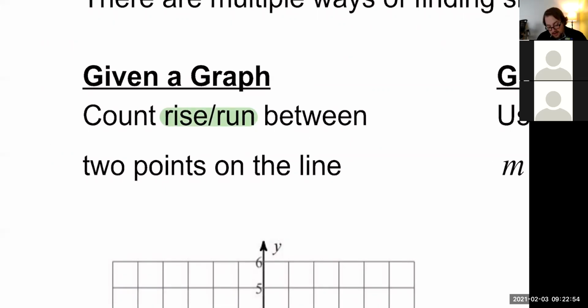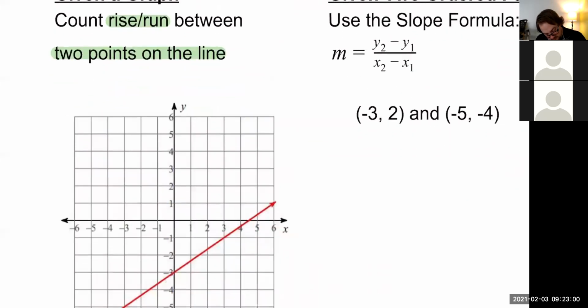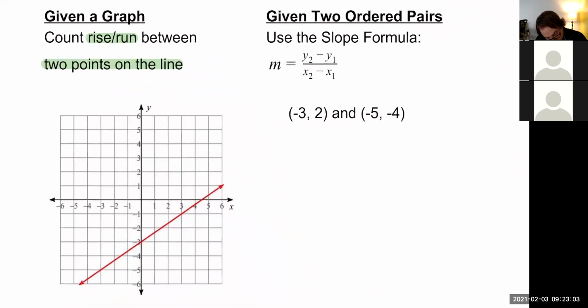I'm also going to highlight that we need 2 points on the line. So I'm going to zoom out a little bit more here again. Now, it doesn't say it has to be any specific points. I would suggest, though, because we are counting, and counting by decimals and fractions would be no fun, I would suggest we choose 2 points that are on nice, clearly red coordinates.